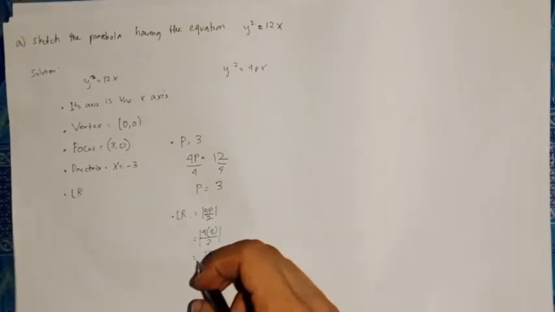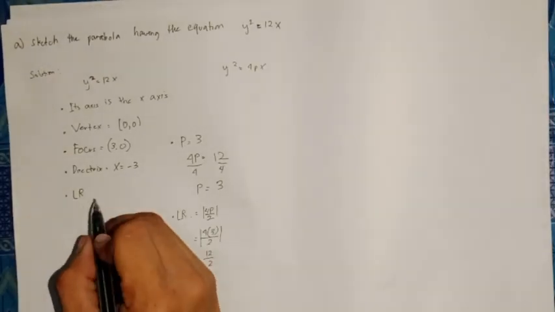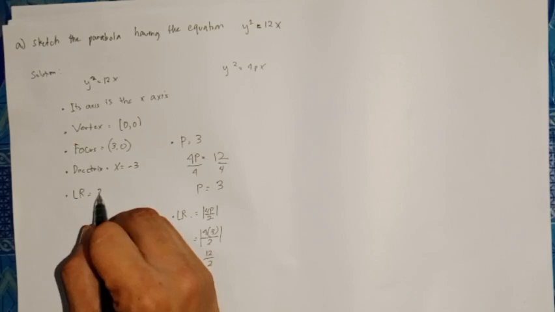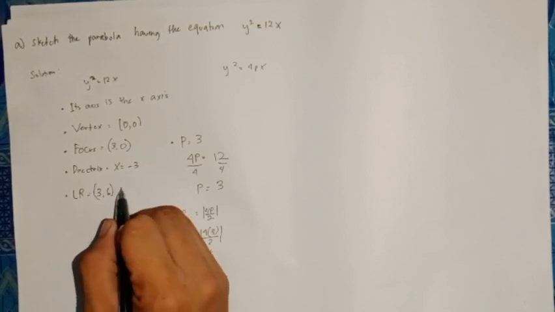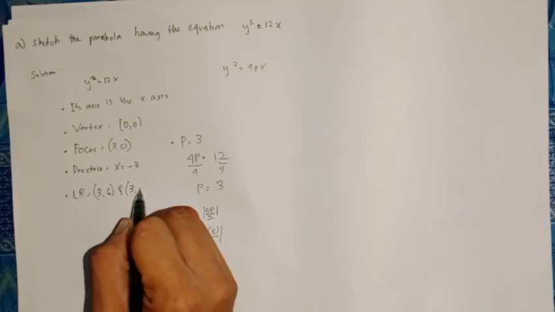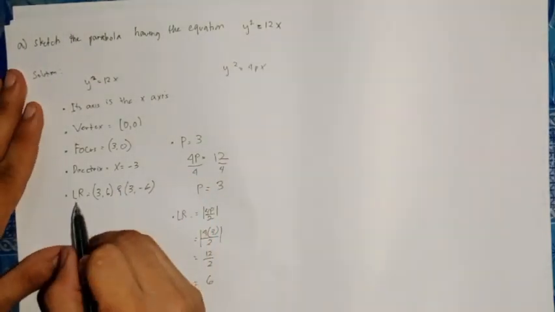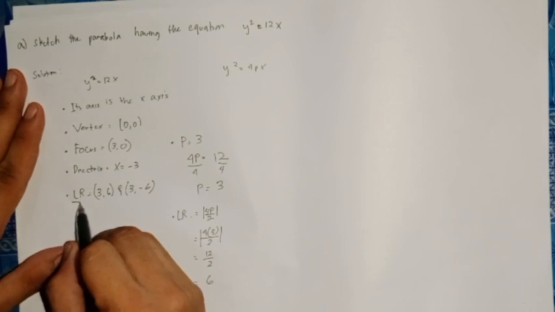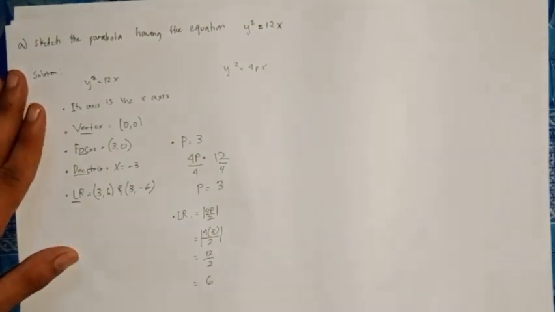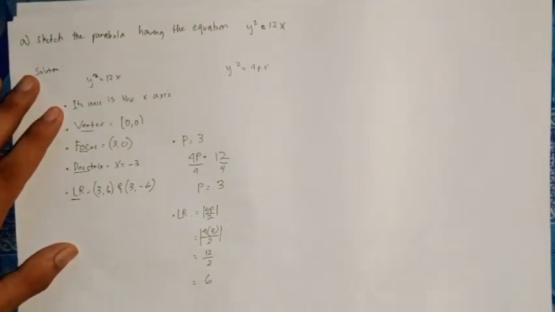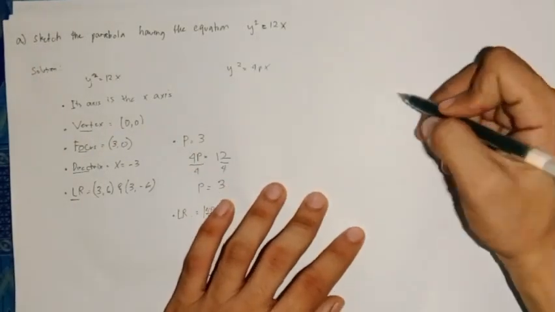Therefore, the endpoints of the latus rectum are (3, 6) and (3, negative 6). Since we already found the latus rectum, directrix, focus, and vertex, we can now graph the parabola. To graph this parabola, let's have a Cartesian plane.